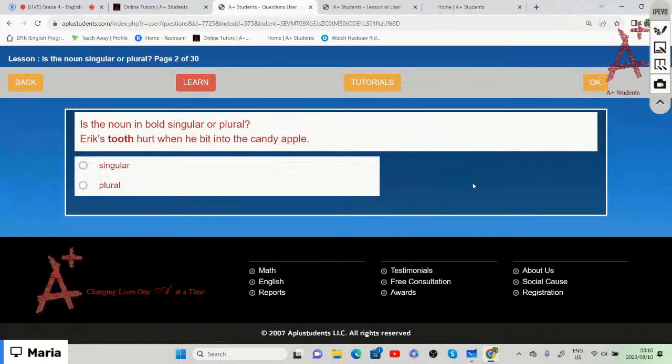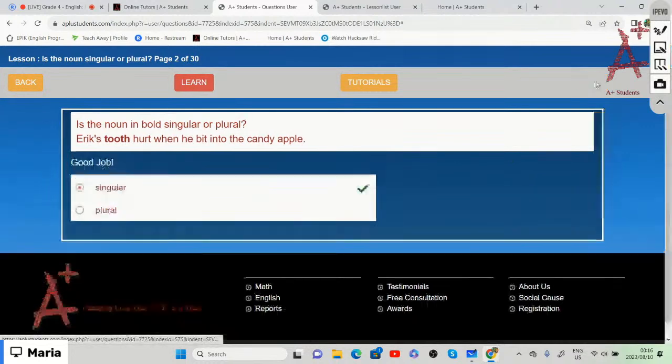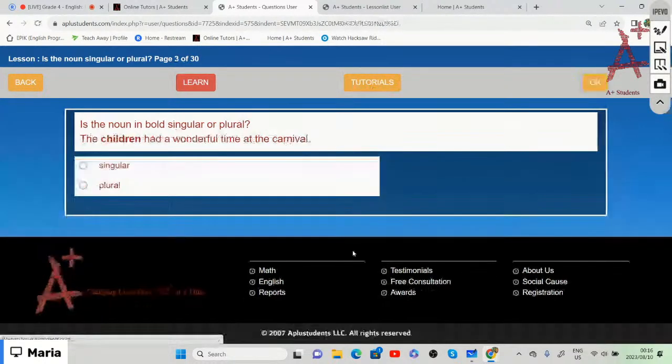If we need to say if it's singular or plural, for example tooth, we are referring to one tooth, which is singular, and for plural, we have teeth. So tooth is singular.